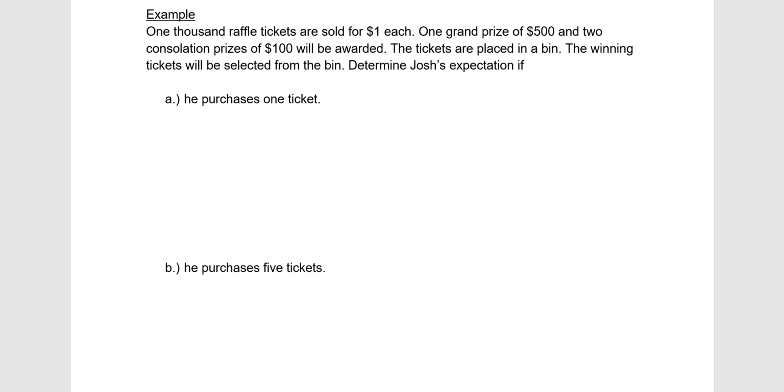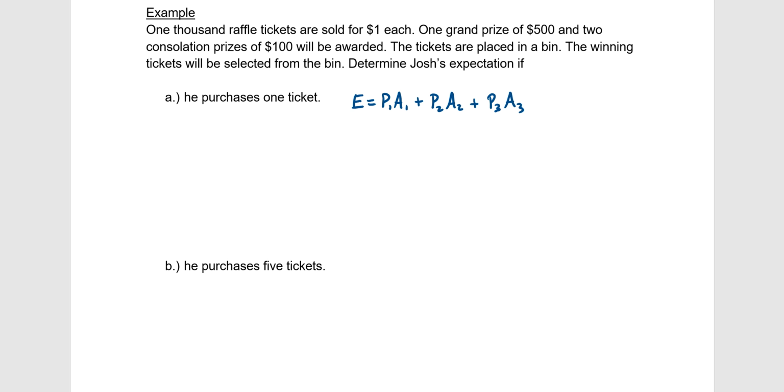So this time it looks like there's three possible outcomes. So P1A1 plus P2A2 plus P3A3. And that is because we can either win $500, we can win $100, or we can lose.